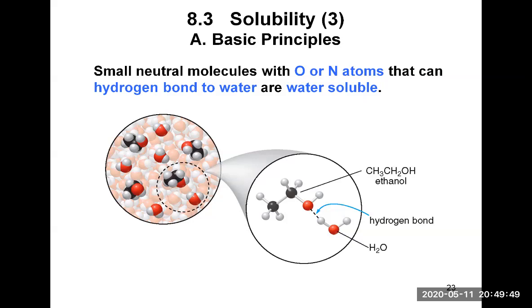And because the hydrogen is bonded to an oxygen, it can do hydrogen bonding with the molecules of water. Here the illustration shows how the hydrogens of water are attracted by the oxygen of the methanol. But the hydrogen of the methanol that is bonded to oxygen is also attracted to the oxygen of molecules of water. So there are multiple possibilities for hydrogen bonding, and that's why methanol, a small neutral molecule that is polar, can dissolve in water.